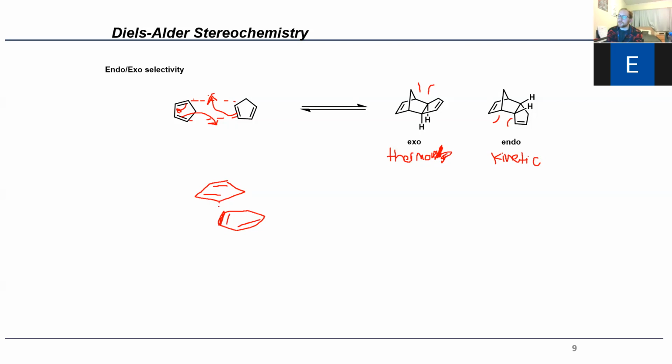And we'll note that we're forming this bond. We're forming this bond. And the product from this transition state is the exo product.